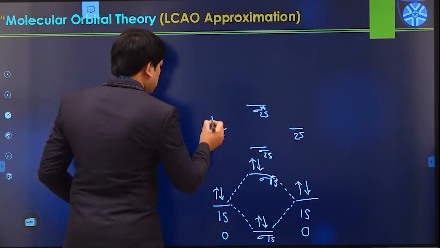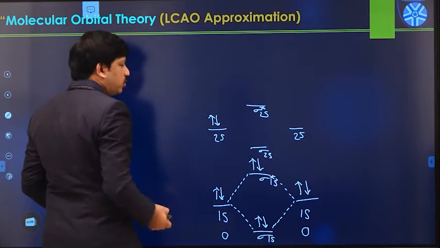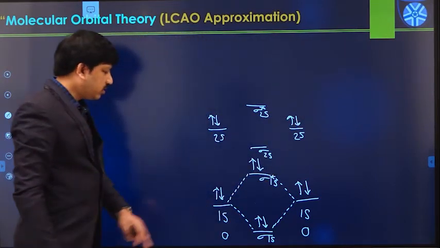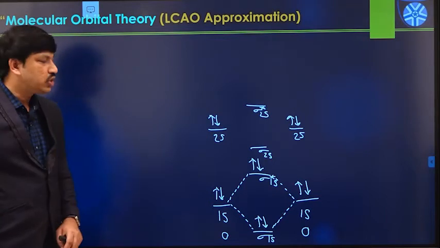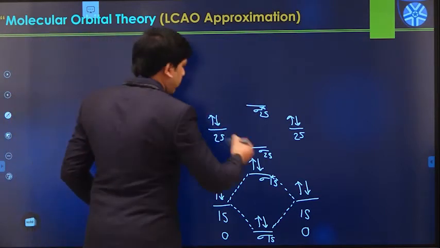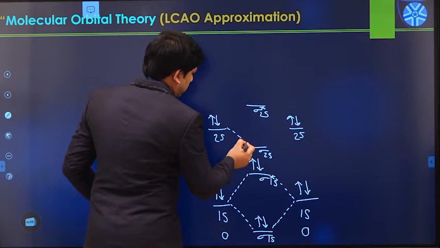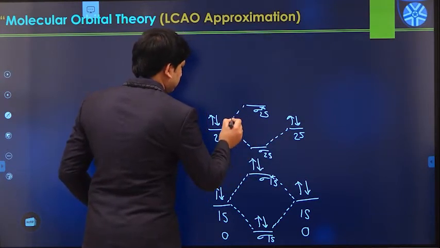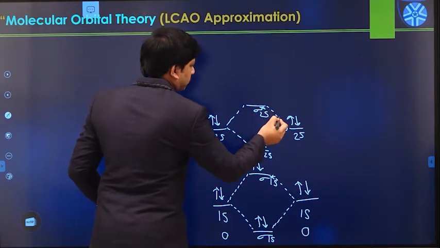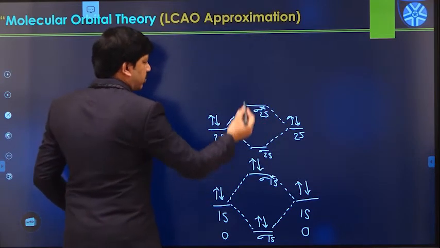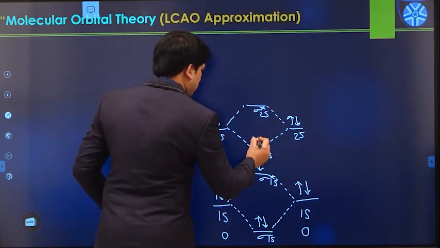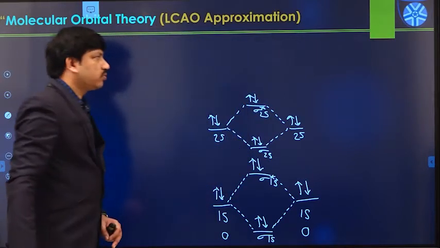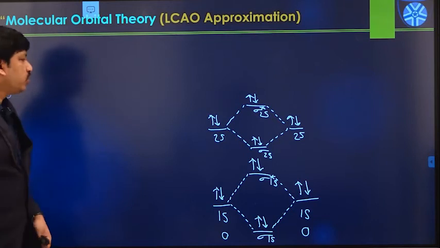Each 2s orbital contains 2 electrons. In the case of oxygen, this 2s orbital also contains 2 electrons. Now these 4 electrons enter into the sigma 2s and sigma star 2s. 1, 2, 1, 2.